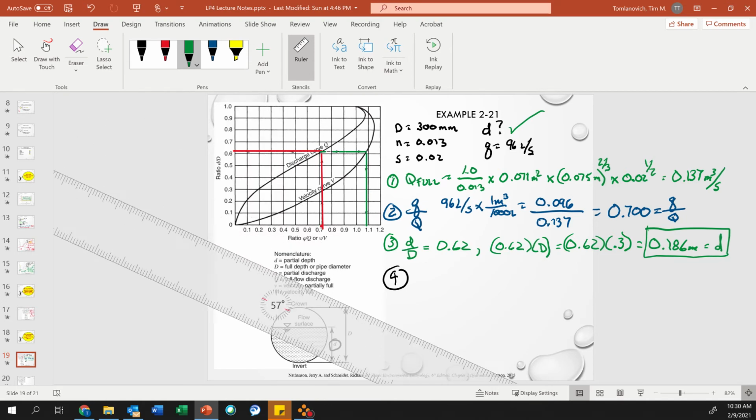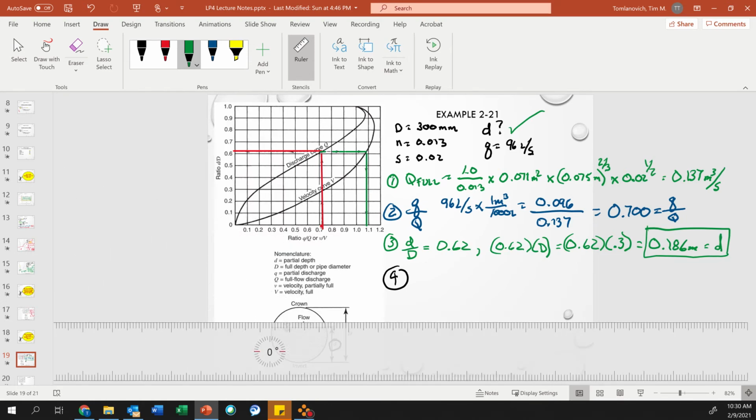Okay, and then I get my little v over big V ratio, and I'm going to say 1.09. Okay, so basically 1.09 times my velocity flowing full will equal my partial velocity at a depth of 0.186 meters.